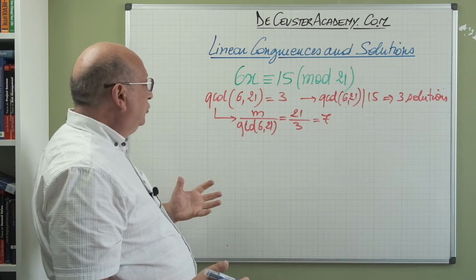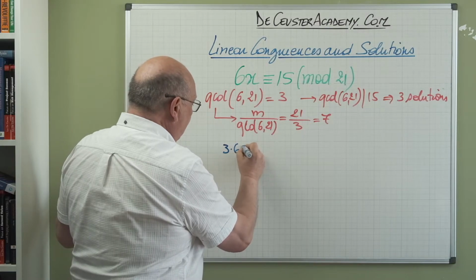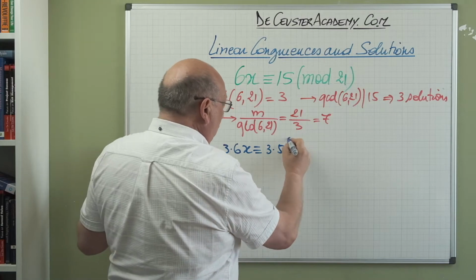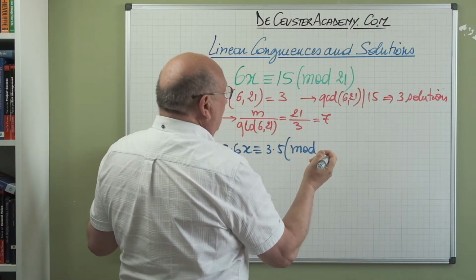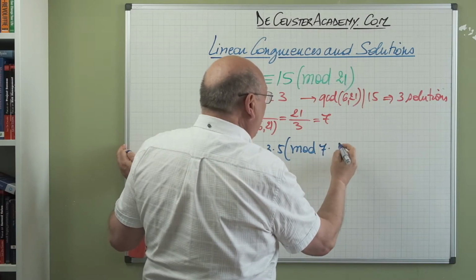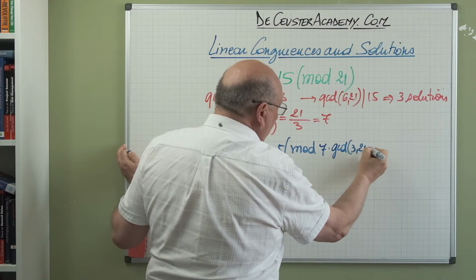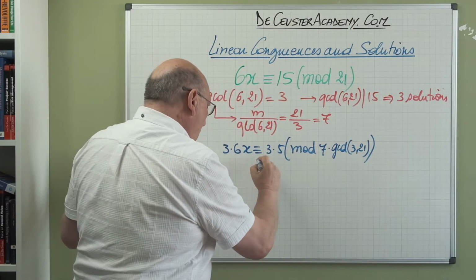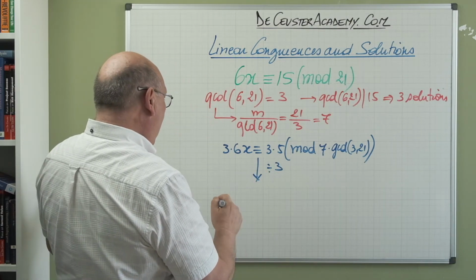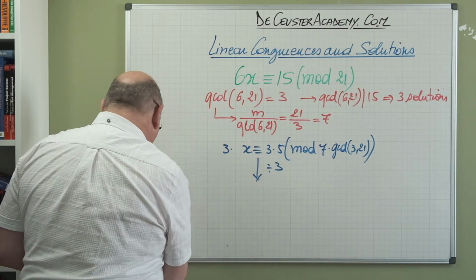The first way to resolve this is to write this as 3 times 2x is congruent to 3 times 5 modulus 21, and I can say that 21 is 7 times the GCD of 3 and 21, which is 3. Now we divide both sides by 3. Oh sorry, this is not 6x, this is 2x. It's easy to make mistakes on the board.